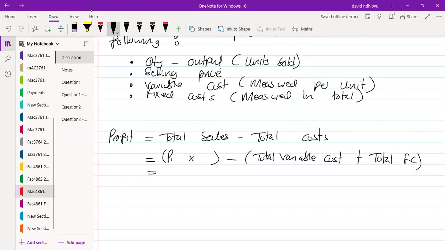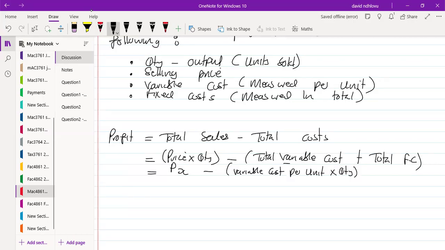Let's start with the price: it's the price multiplied by the quantity, P times X, is equal to... The total variable cost can be broken down into variable cost per unit multiplied by the quantity.